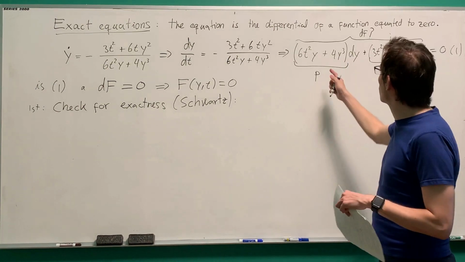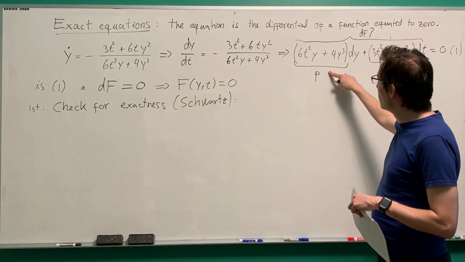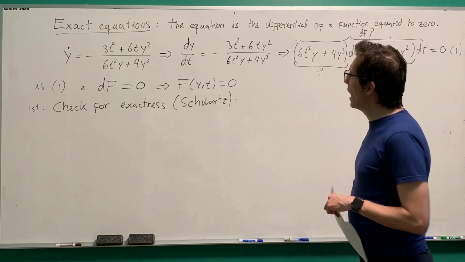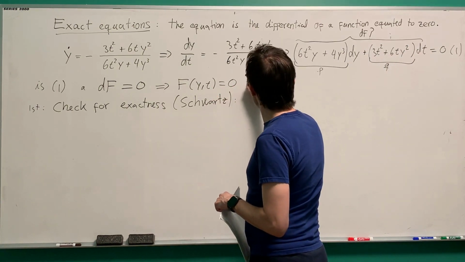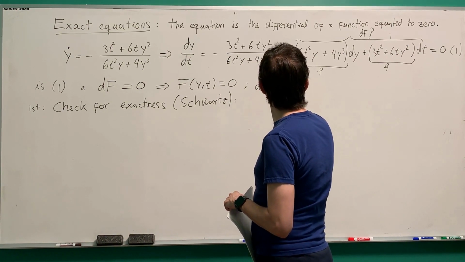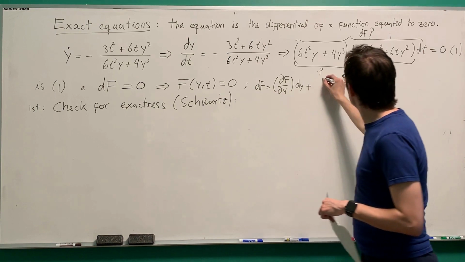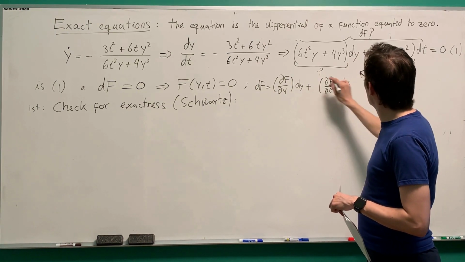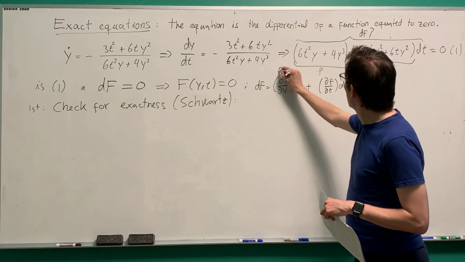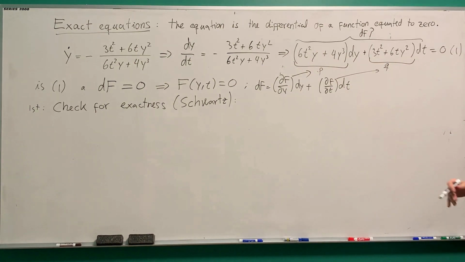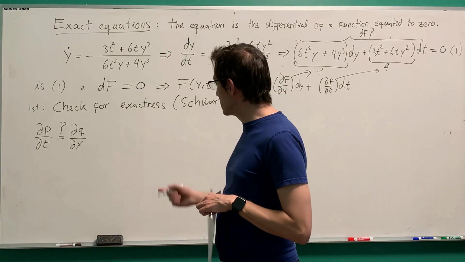Because this is a differential form, maybe let me write it here. This is p and this is q, and if there is an f, we know that df would be partial f partial y dy plus partial f partial t dt, and this would be p and this would be q. If there is an f, which we don't know, we need to check. So checking for exactness, we have this condition, let's check it.